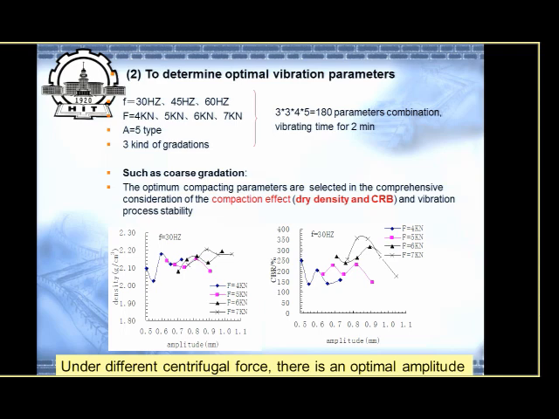We get the dry density and the CBR to evaluate the compaction methods. From this figure, we can find there is a peak for every force, and the CBR is also the same as this one.